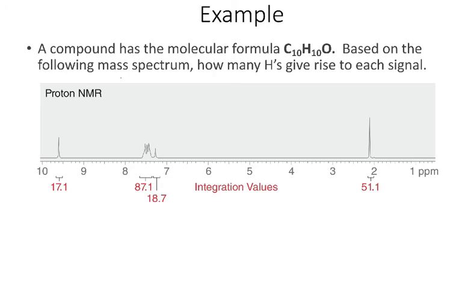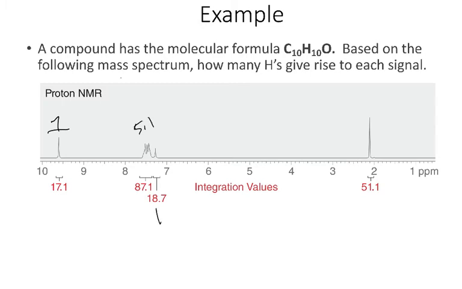All right, so if we do a couple examples, they've told us the chemical formula, and we want to know how many hydrogens give rise to each one of these peaks, and they've given us the integration values. So what we want to do is divide each one of the integration values by the smallest one. So I'm going to divide them all by 17. That's going to give me a value of 1, and then 87.1 gives me 5.1.